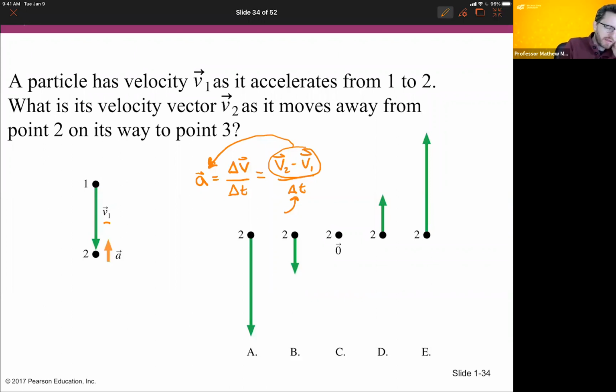Then there's going to be another vector that I'm going to draw coming off of 2, from our choices here. And there has to be an associated acceleration, which is going to be something like the difference in these velocities. So which one of the vectors on the right, when I take the difference of that vector with the vector on the left, gives me that acceleration vector?